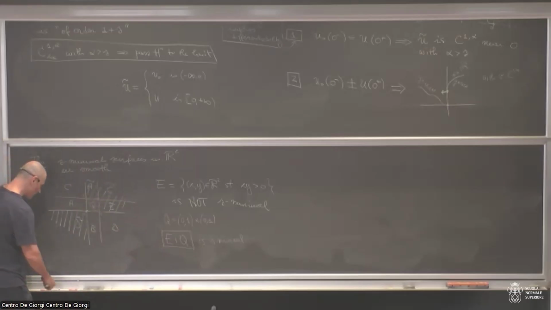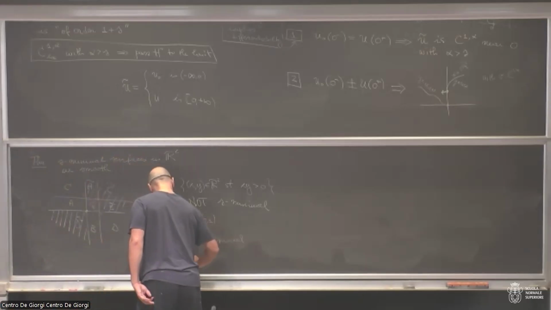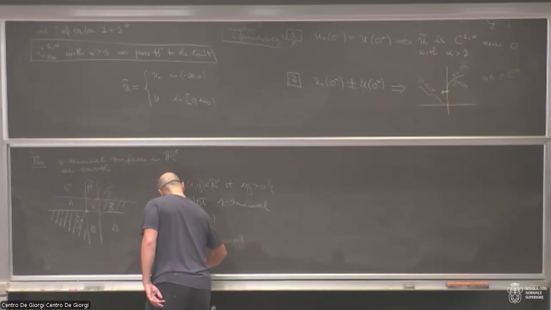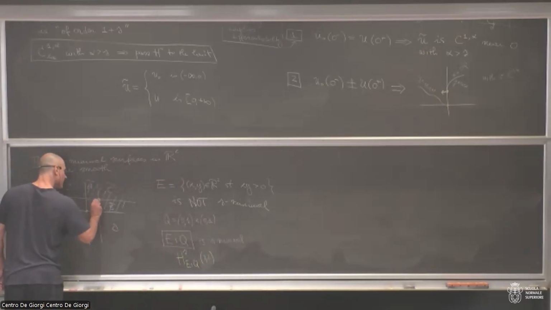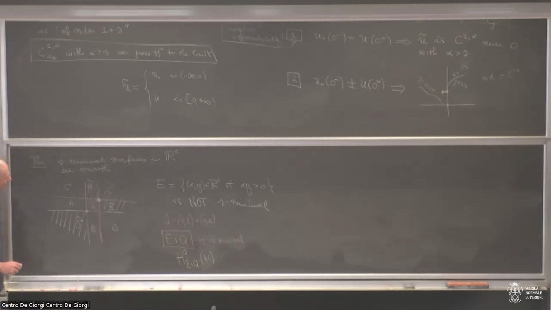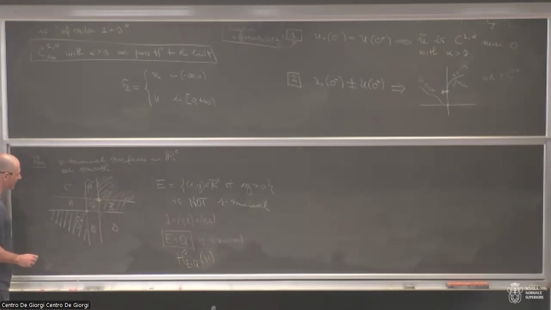Okay, but now I compute the s-mean curvature of the set E minus Q at the point (1, 1). Now, when I look at the point (1, 1), I have this contribution here coming from C tilde.